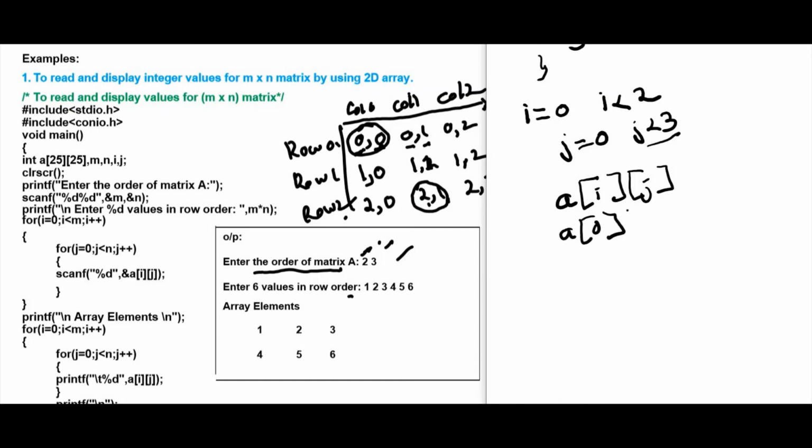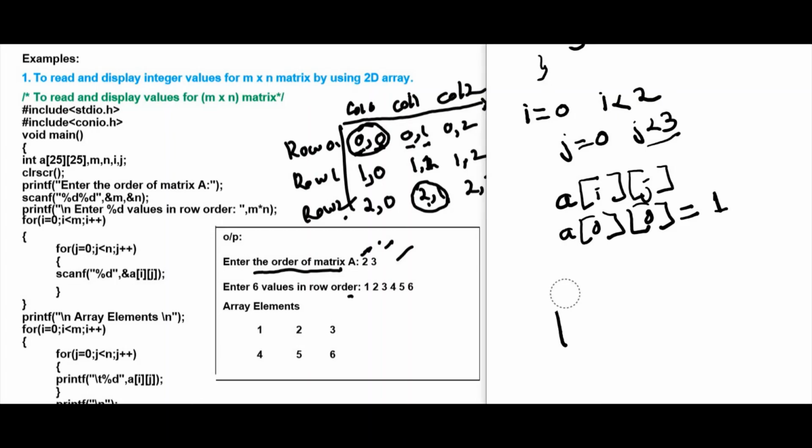What is our j? j is also 0. So we say the first value that is scanned has to be stored at a of 0, 0. So the user has entered 1. So 1 will be stored at a of 0, 0.